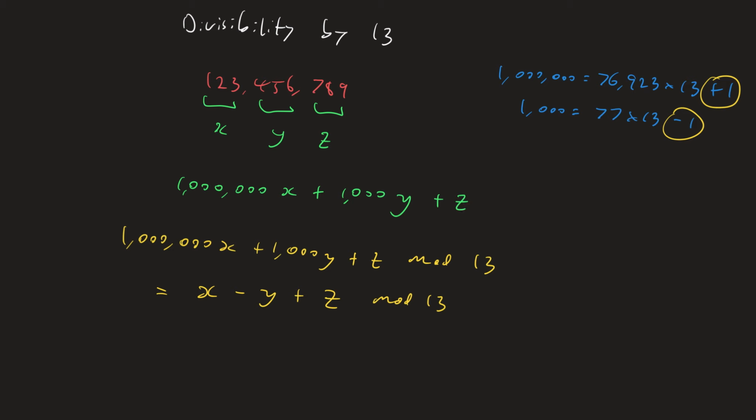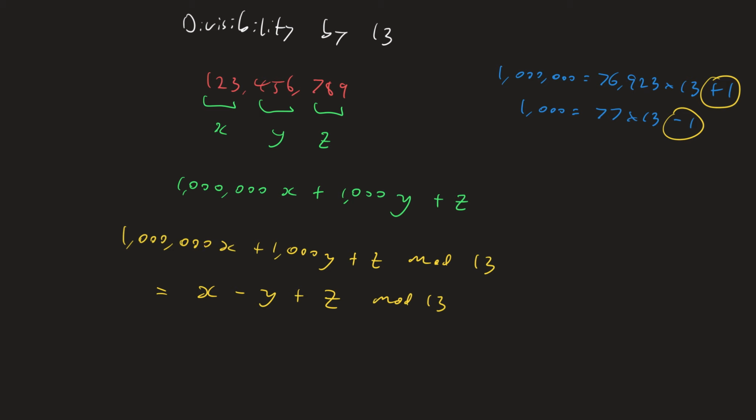So if x equals 123, y equals 456, and z equals 789, then this recovers our original number here. We want to know if this number, modulo 13, is equal to 0. So we're interested in taking this number and performing modulo 13 on it. Using the previous property, we can perform modulo 13 on each of the coefficients here.